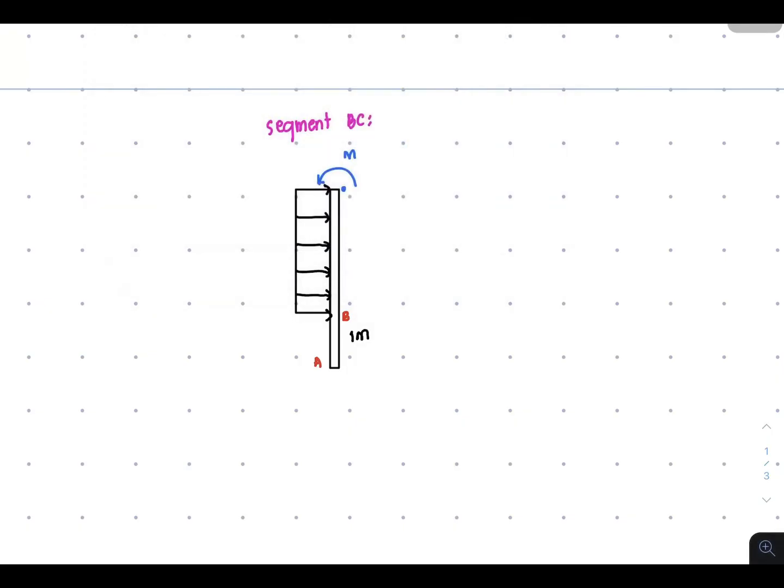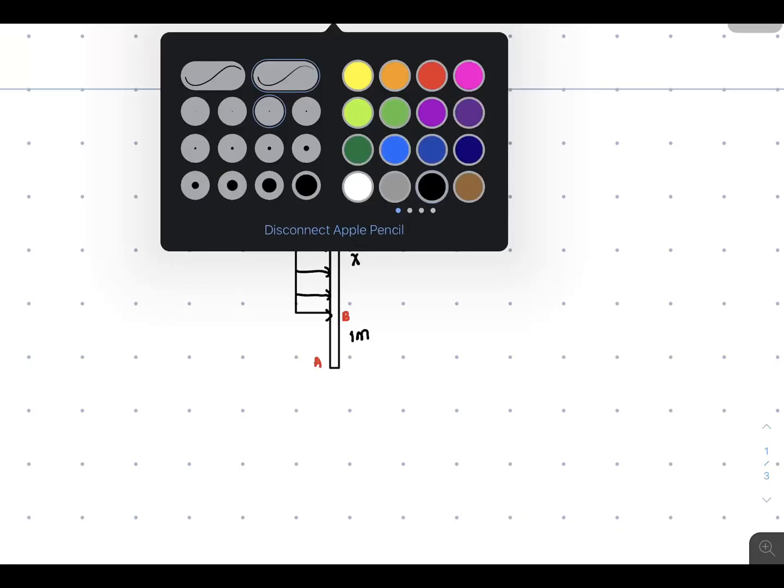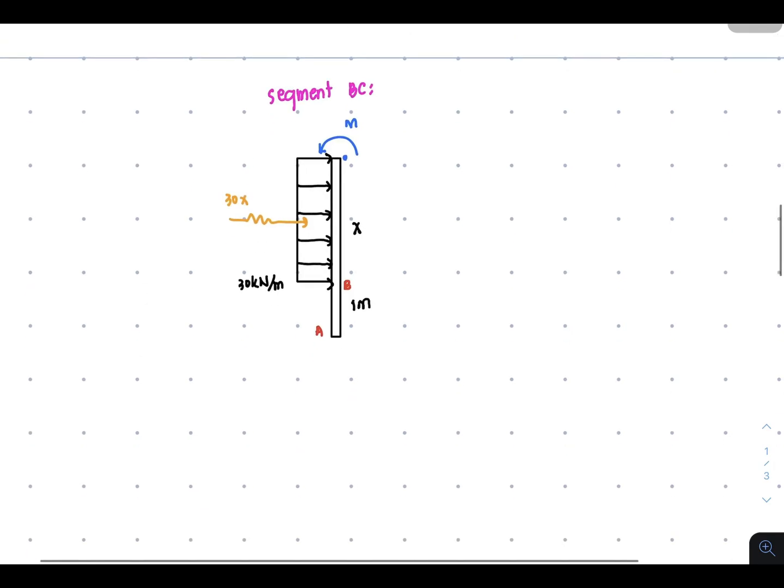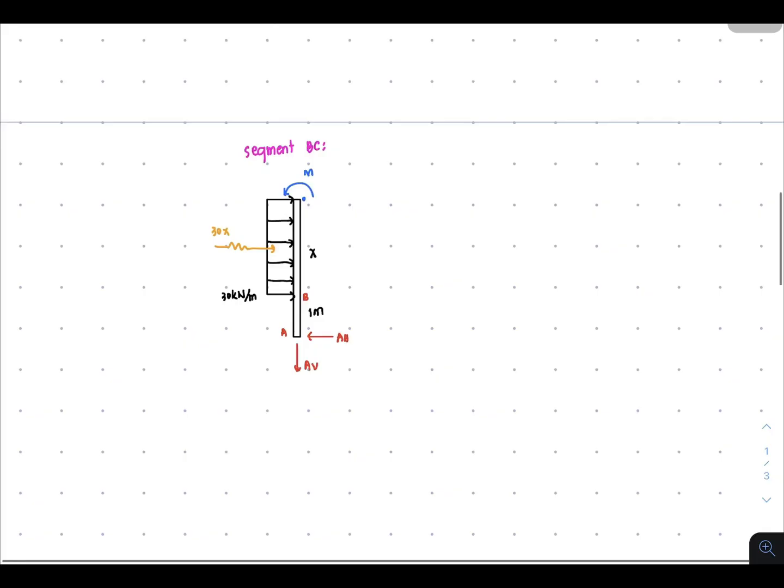The distance from the point of cutting towards B is x. And remember that this is 30 kilonewtons per meter. Therefore, the resultant is no longer 120 but rather 30x. And also, you have a vertical here and a horizontal.